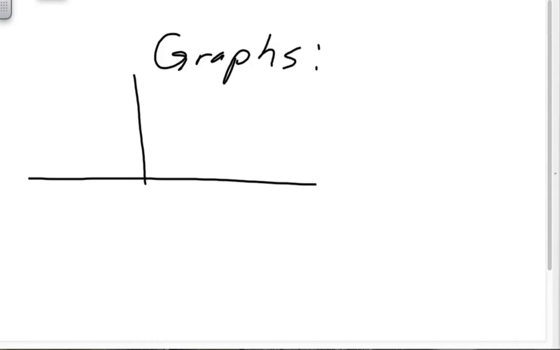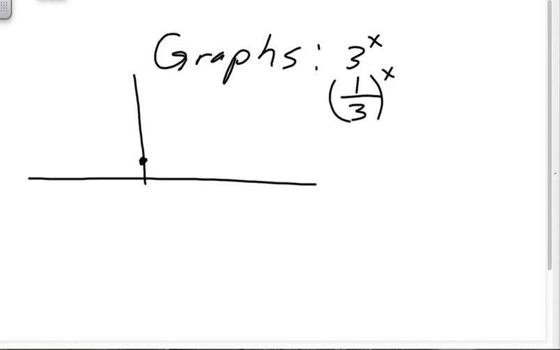Okay, graphs. The parent functions of all these things are going to pass through one point. So I'm going to sketch a graph of 3 to the x and 1/3 to the x. Now all of these points are going to go through the point 0, 1.